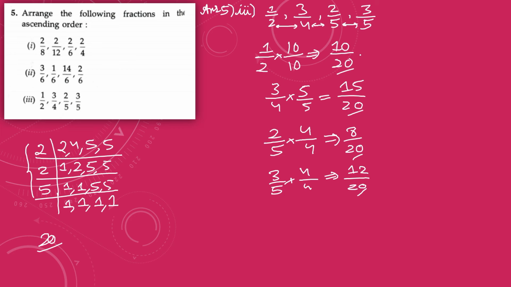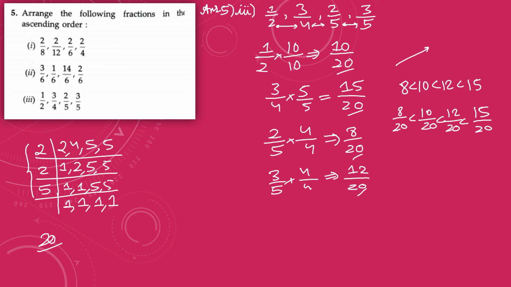So in this case, I can compare the numerators. As we know, 8 is less than 10, which is less than 12, which is less than 15. 8, 10, 12, 15, like this. As it is in ascending order, that is from smallest to greatest, I can write that 8 upon 20 is less than 10 upon 20, which is less than 12 upon 20, which is less than 15 upon 20.